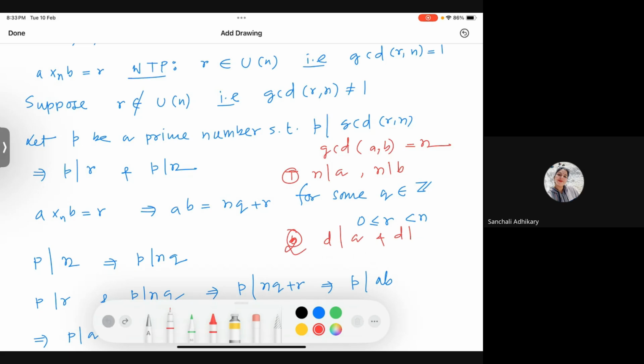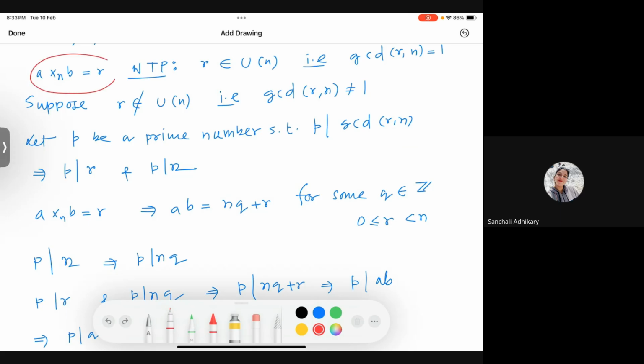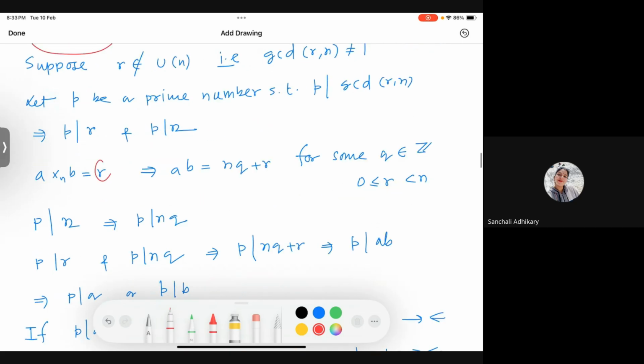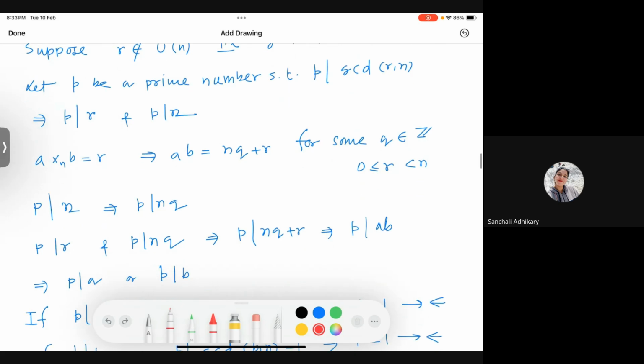Actually, in ring theory, we see lots of things. So, if P divides the GCD, it means P is a common divisor of both R and N. We have A multiplication modulo N, A into B multiplication modulo N. It means R. So AB is equal to NQ plus R, where R belongs to the set 0, 1, 2, dot, dot, dot, N. Since P divides N, it means P divides NQ, and P divides R. So P divides NQ plus R. It means P divides AB.